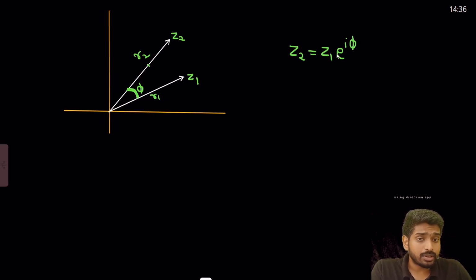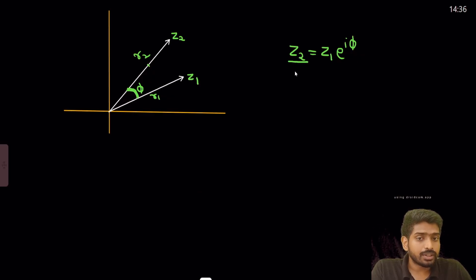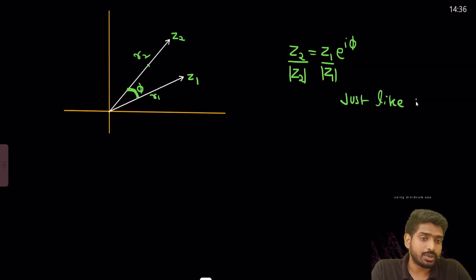Now it only got rotated, its magnitude didn't change, right? So first we'll divide both of them by their magnitudes, as we used to do in vectors, just like a unit vector.